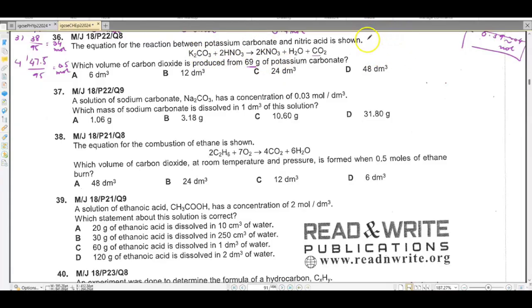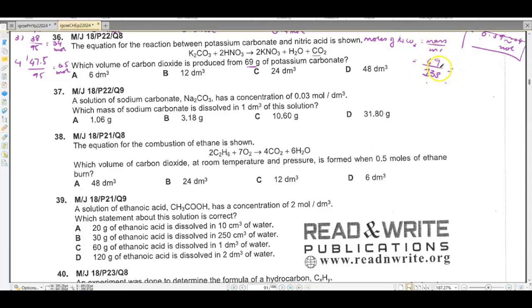So what we are going to do is first find the moles of K2CO3. For that we need mass and we need Mr. We have the mass to be 69 and Mr for K2CO3 is, let's see, 138.